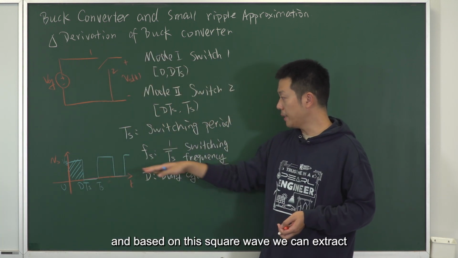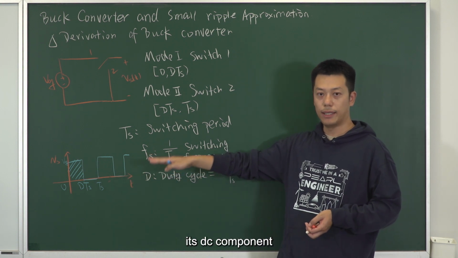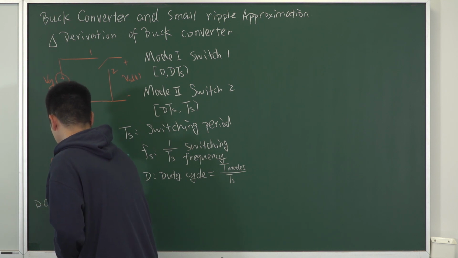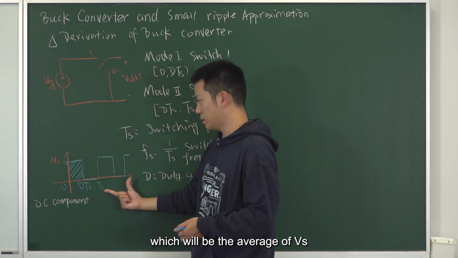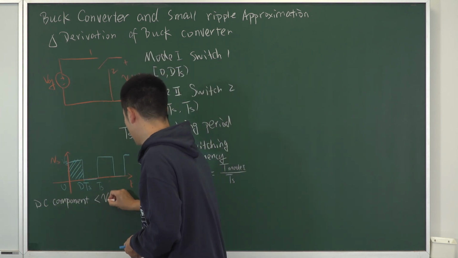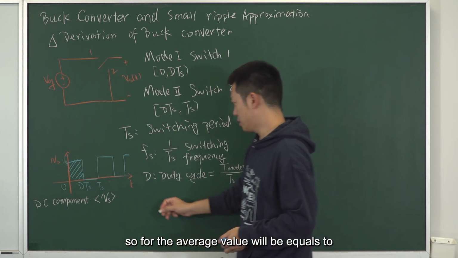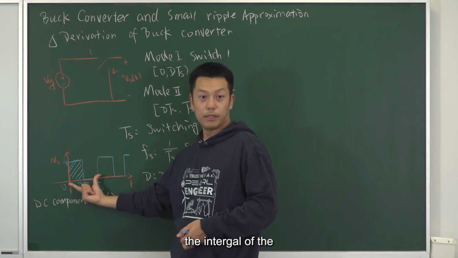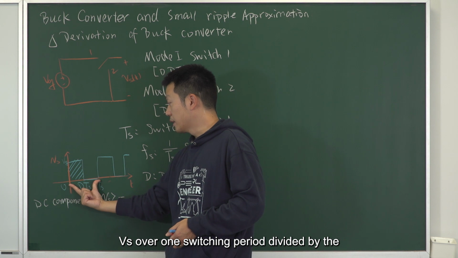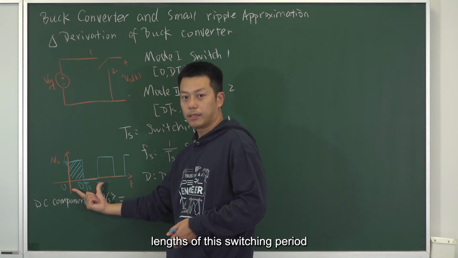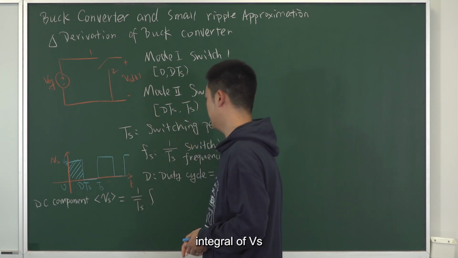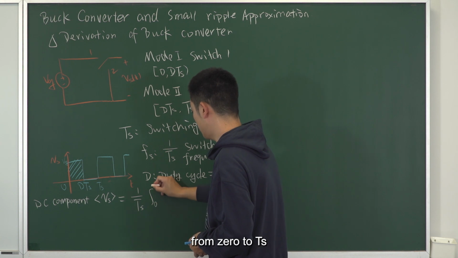And based on this square wave, we can extract its DC component, which will be the average of Vs. The average value equals the integral of Vs over one switching period divided by the length of this switching period. So 1 over Ts times the integral of Vs from 0 to Ts.